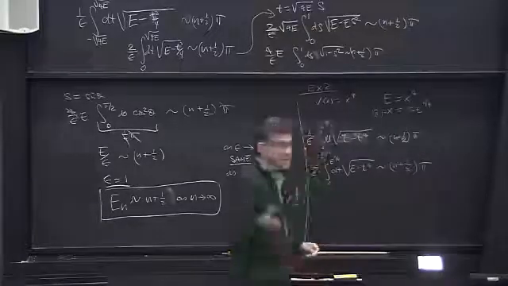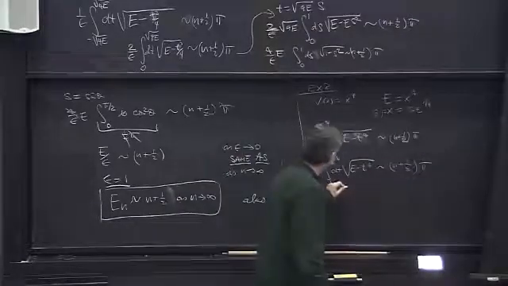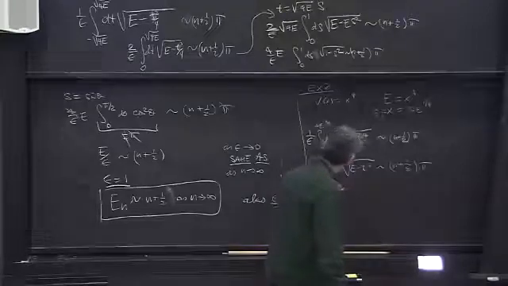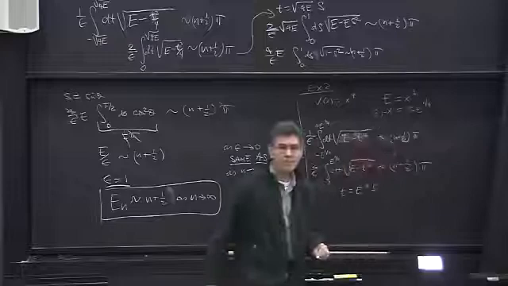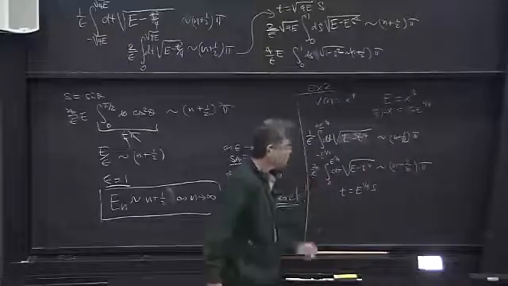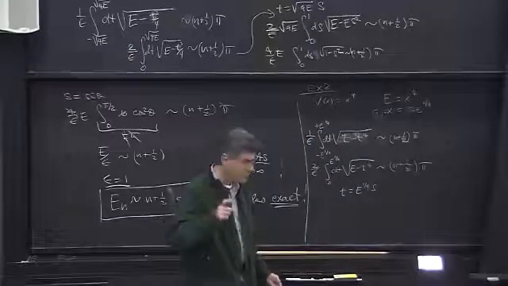And then I can, again, same thing, make the substitution that t is equal to e to the 1/4 times s. So now the integral becomes a numerical integral to evaluate.